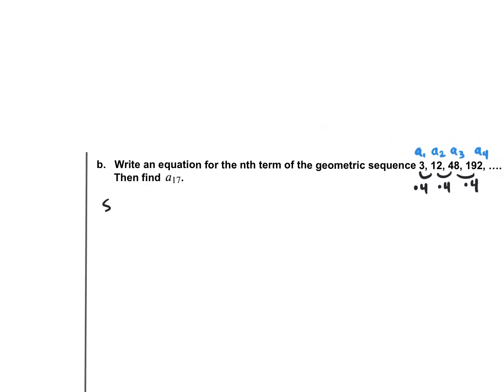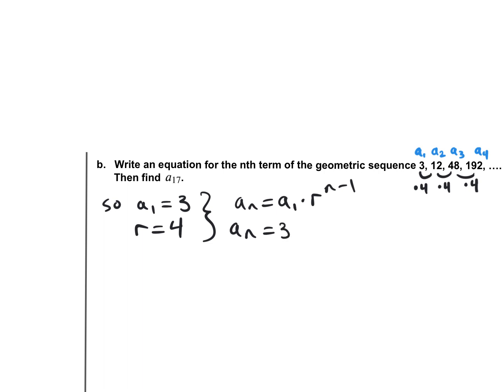So we know r, and we know a sub 1. A sub 1 is 3, where we started. And r is 4, what we're multiplying by each step. We'll combine this into the formula I've taught you. A sub n is equal to a sub 1 times r to the n minus 1. So a sub n is equal to 3 times 4 to the n minus 1. And now we want to find a sub 17.